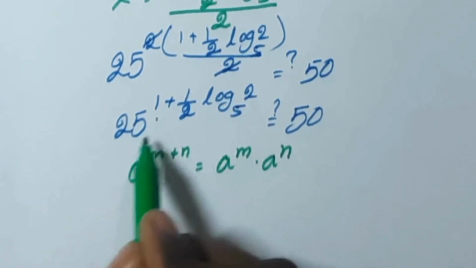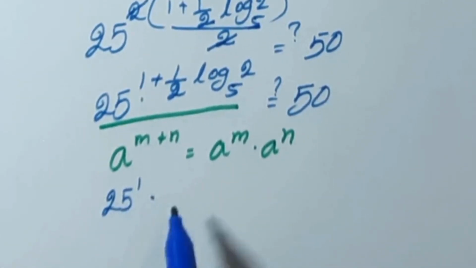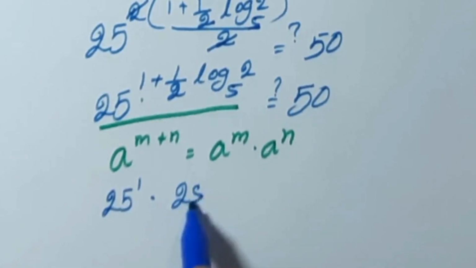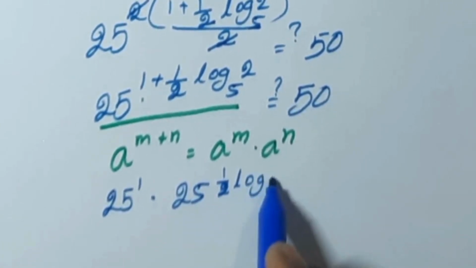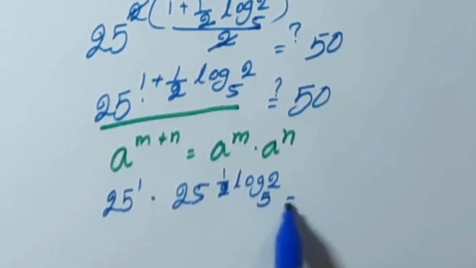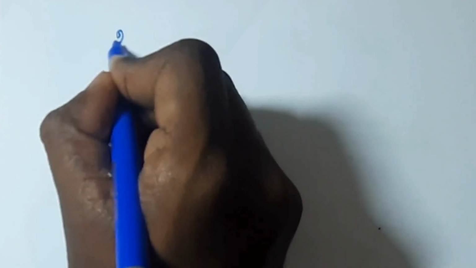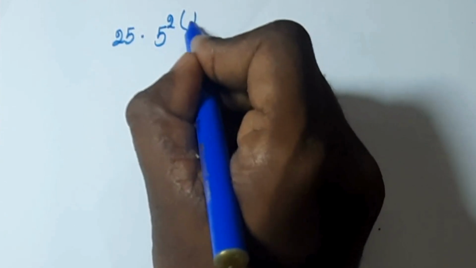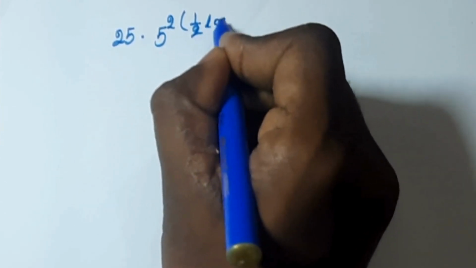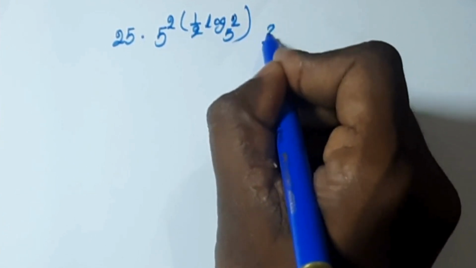We are going to apply this here. 25 power 1 times 25 power 1 by 2 log 2 base 5 equal to 50. 25 power 1 is 25, 5 to the power of 2, 1 by 2 log 2 base 5 equal to 50.